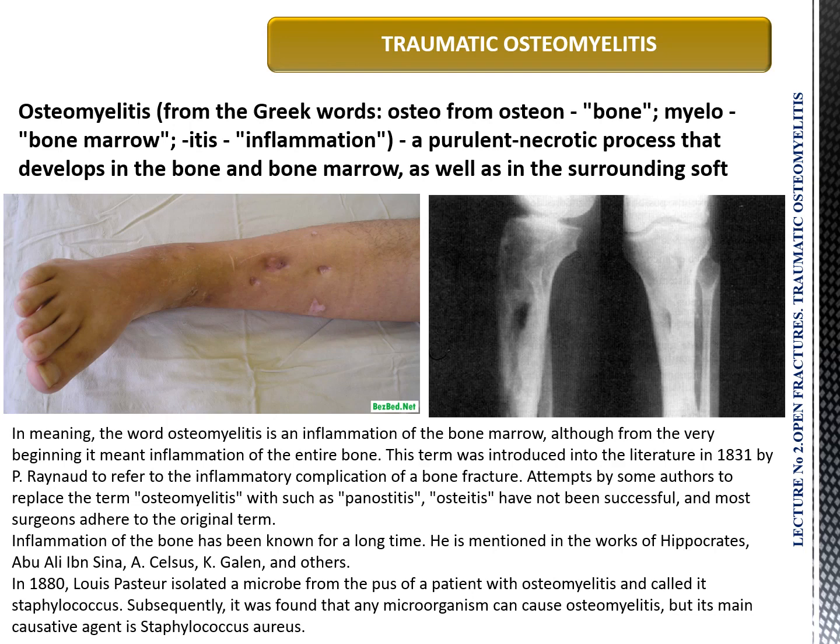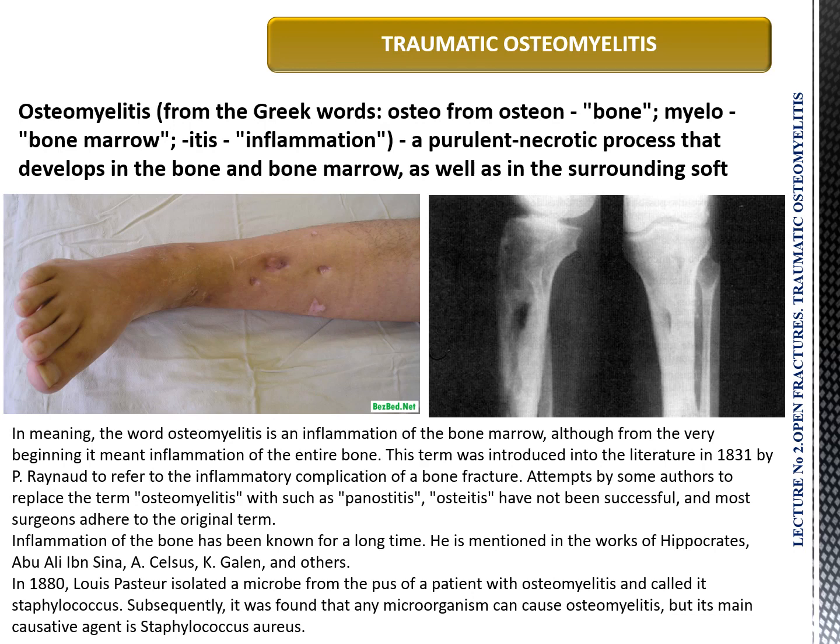Attempts to change it to some other term that would more correctly reflect the essence of the process were made. It was suggested to call the disease ostitis, panostitis, but for some reason these attempts were unsuccessful. To this day, despite a probable logical error in the name, this disease is called osteomyelitis.